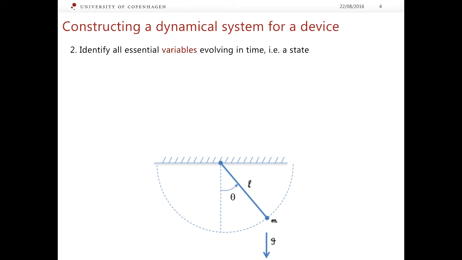So we need to be able to predict what the system is going to do next based on what we know it is doing right now. One obvious variable here is the angle between the rod and the vertical line. Of course, while the pendulum fluctuates, this angle changes in time.